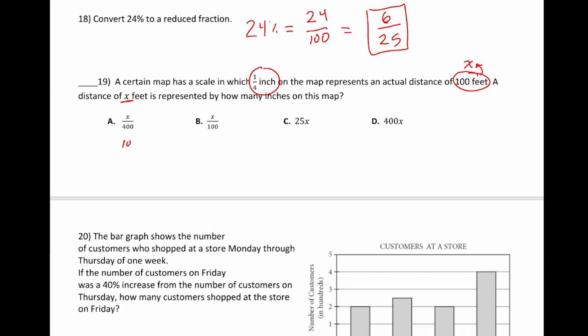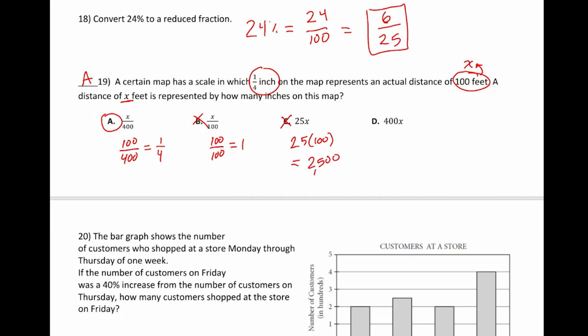We'll plug in 100 into x, and actually right away we do get 1/4. Looks like our answer is A, but let's just check the other ones just to make sure. 100 out of 100, that's just 1, so that's not right. 25 times 100, well, you could see right away that's going to be way too big. It's going to be 2,500.